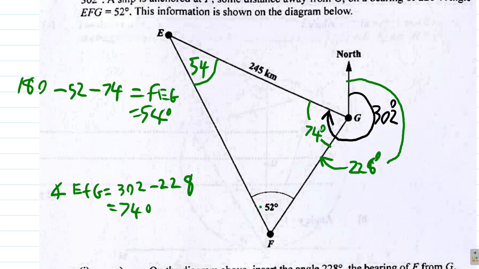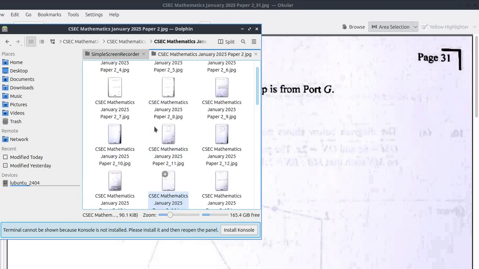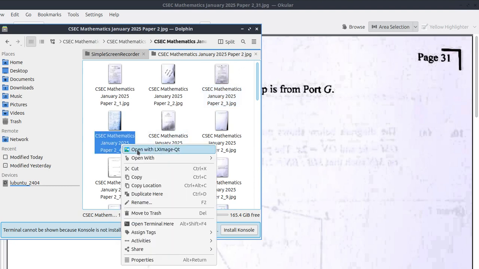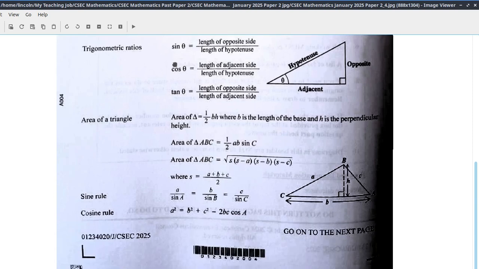Now, the sine rule and the cosine rule would be on your formula sheet. They call it a table of formulae, a list of formulae. Part of this is blacked off, but there is the sine rule and the cosine rule.